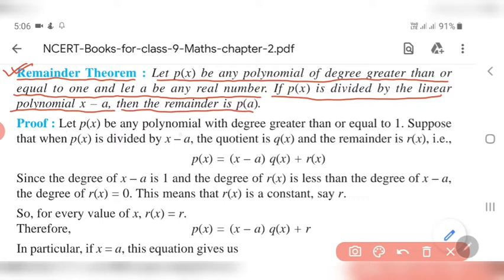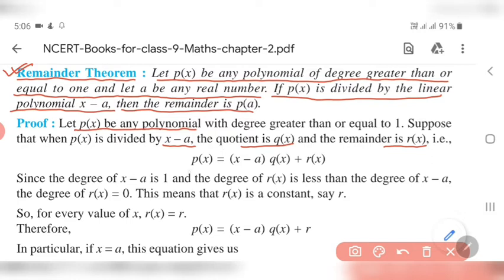Let P(x) be any polynomial. So we have taken P(x) as any polynomial, correct? With degree greater than or equal to 1. Suppose that when P(x) is divided by x minus a, the quotient is q(x) and the remainder is r(x).